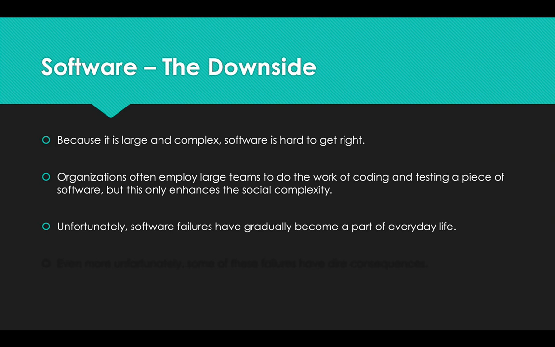If you're talking about going through and checking 2 million rules in order to ensure a safe flight between point A and point B, that latter task is obviously more prone to failure. And so as we shift all of this complexity to machines and to software, we're seeing that software failures have just gradually become a part of our daily life.